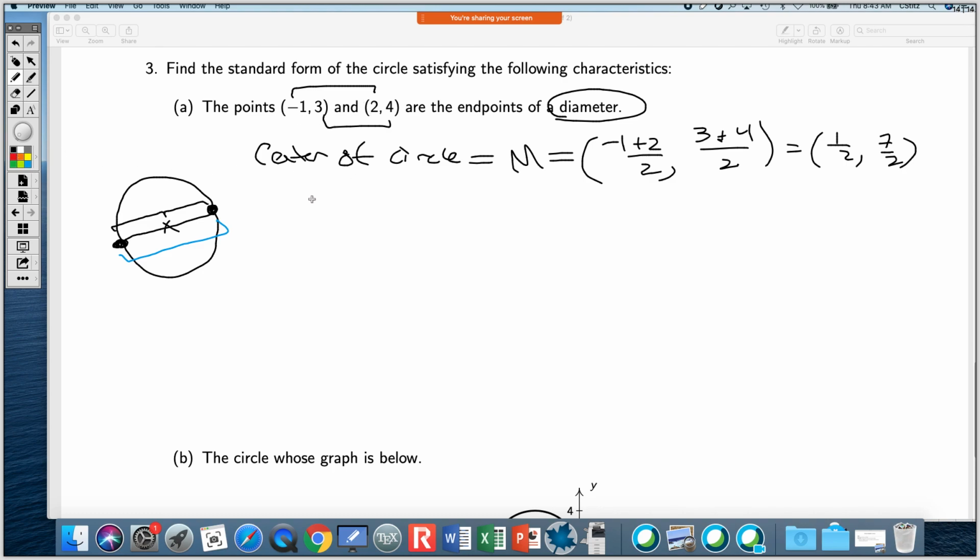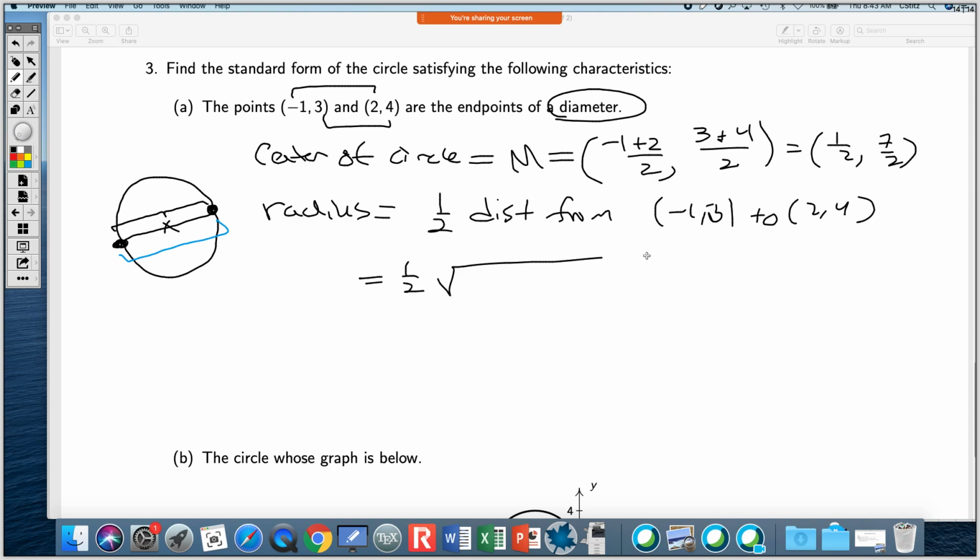So my radius, or my initial values, radius here is going to be half the distance from -1, 3 to 2, 4. So that's 1/2 the square root of, once again, delta x squared plus delta y squared. So 1/2 the square root of, delta x is 2 minus a -1 squared.